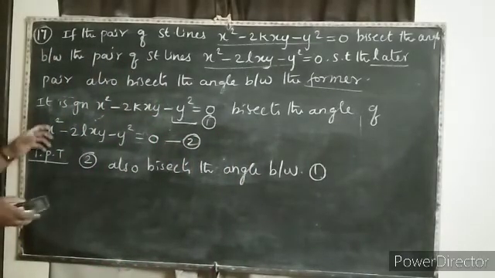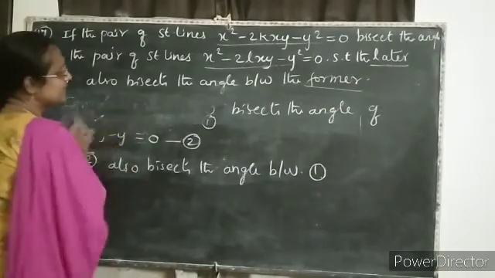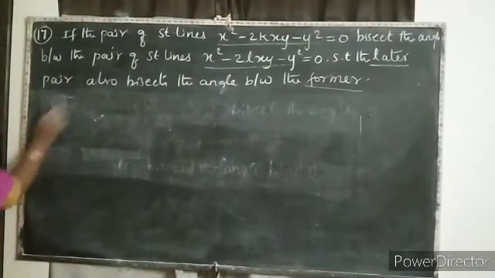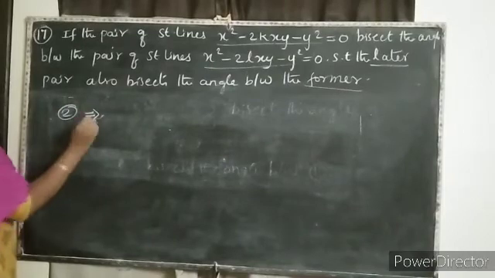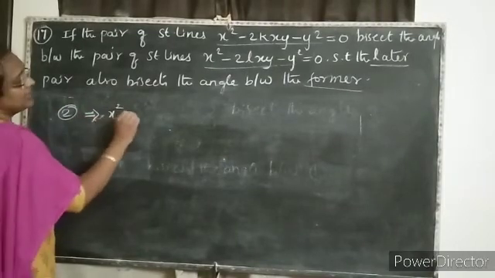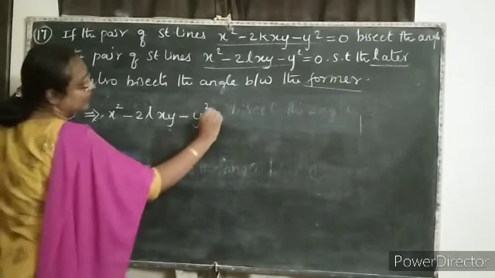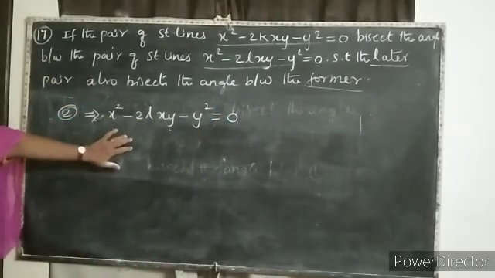Okay, now let's consider the second equation first. Shall we consider? So now what does the second equation say? The second equation implies x squared minus 2lxy minus y squared equal to 0. I am going to find the equation of the bisector, isn't it?